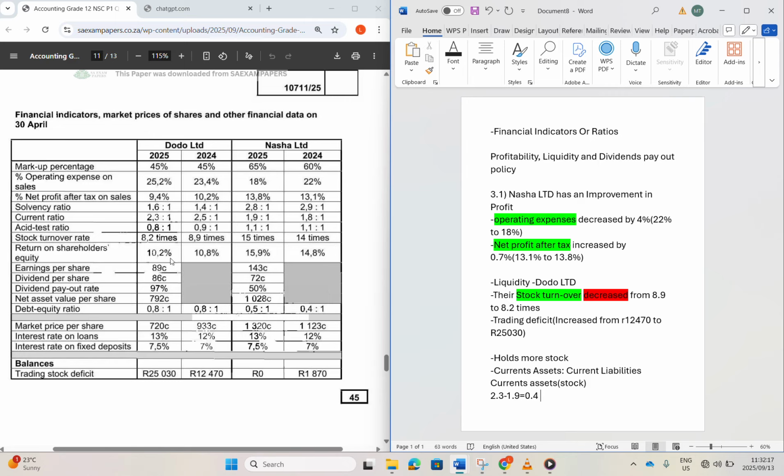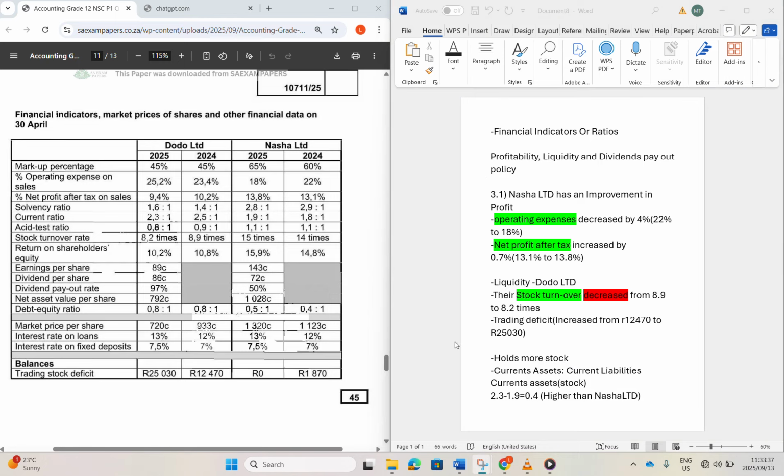So it means Dodo holds stock more than Nasha by 0,4. This is a possibility because we know that our current ratio includes our inventory or our stock.